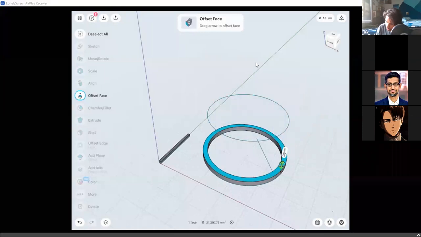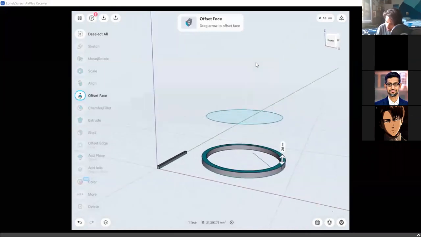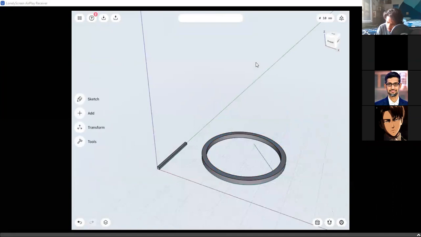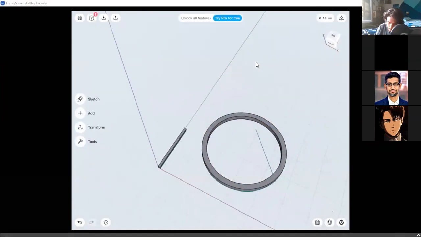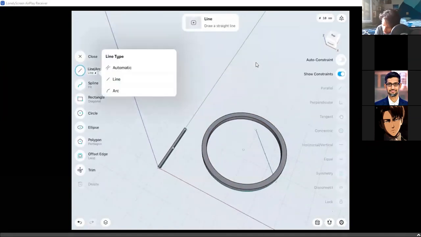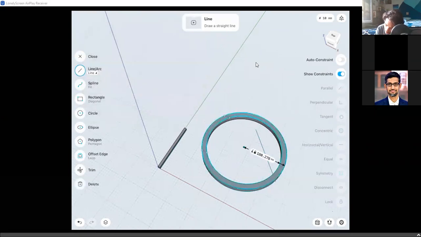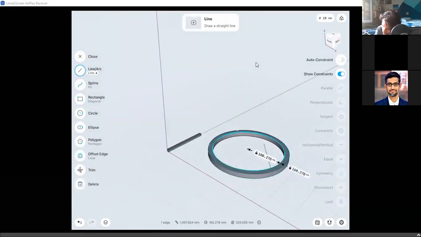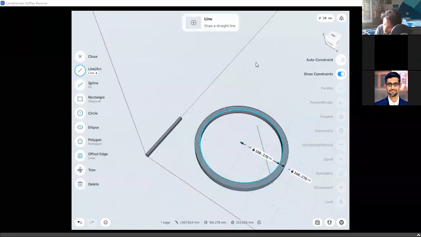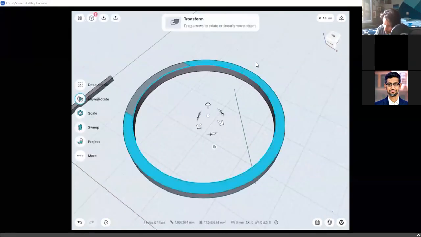Can somebody find the moment of inertia of that? Sketch line. I wanted a line.